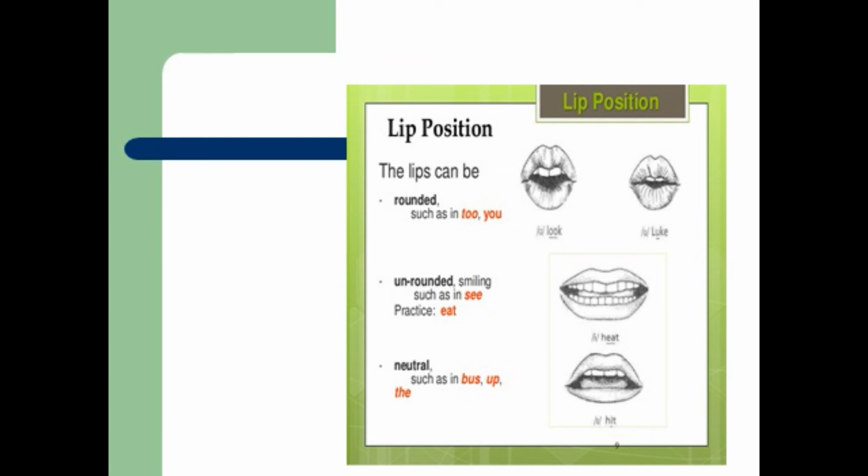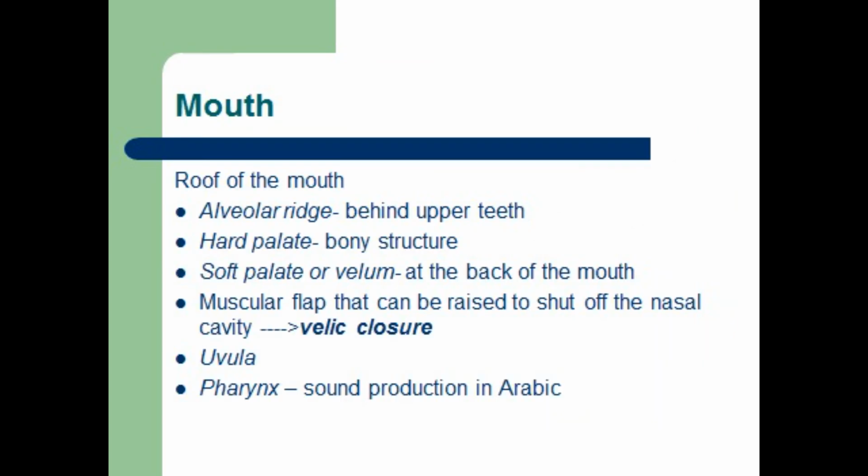Now the mouth, we have the roof of the mouth. In the roof of the mouth we have different places. These places are the alveolar ridge, which is behind the upper teeth. After the alveolar ridge we have the hard palate, which is a bony structure.